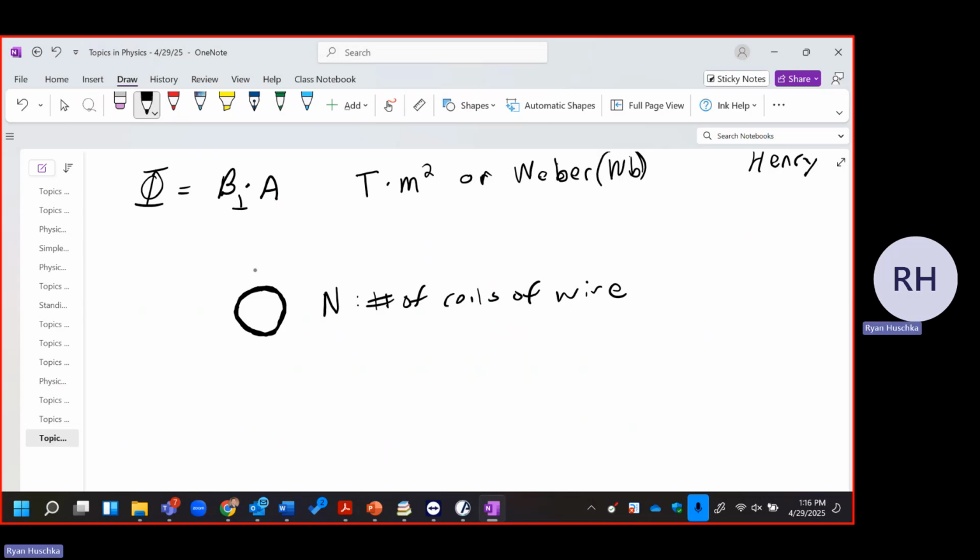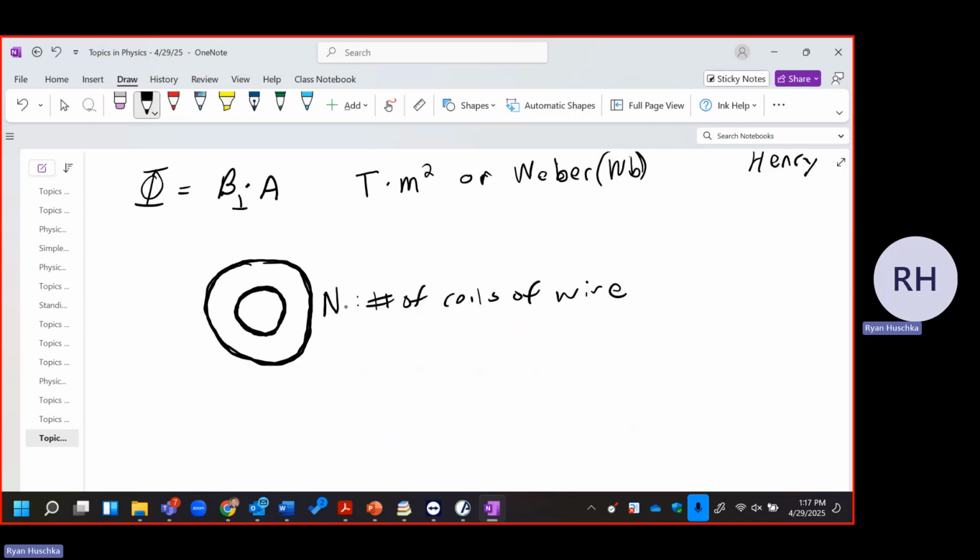Okay. And around that particular coil, we have another coil. And again, we could just draw it in terms of a couple times. You could have N around it. So there's two N's, right? So we do N1 and N2.